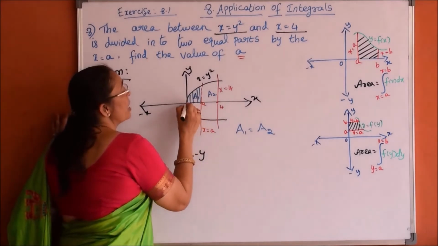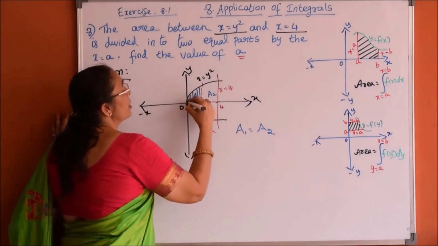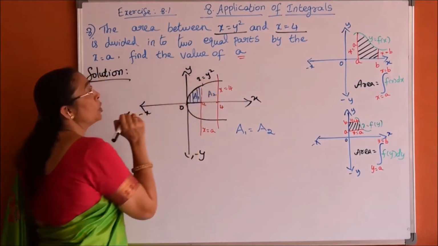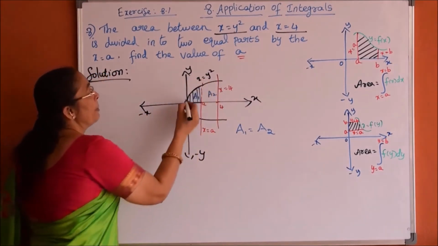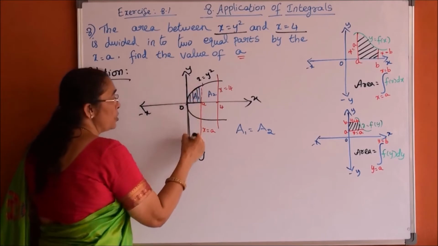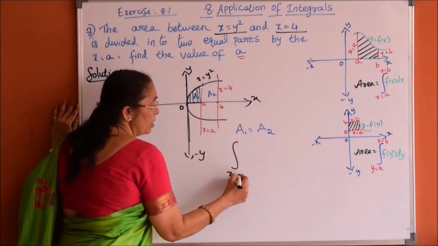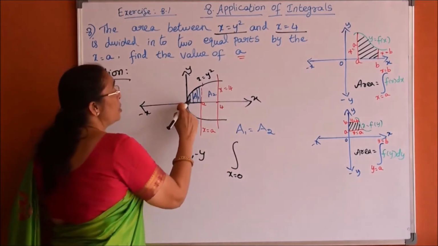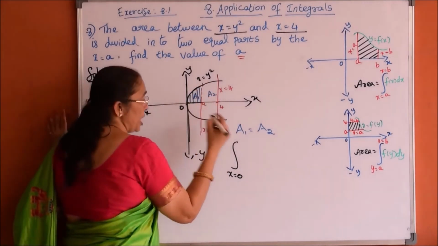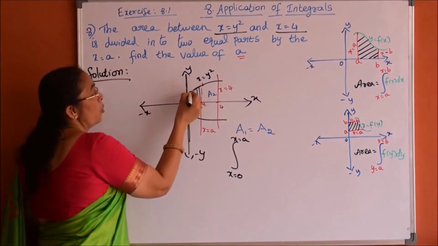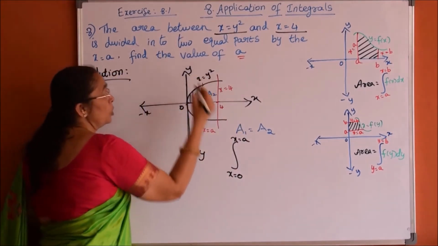A1 is the area under the curve y equals root x between the lines x equals 0 and x equals a, so A1 is the integration from x equals 0 to x equals a of the curve y square equals x, that is y equals root x, dx.